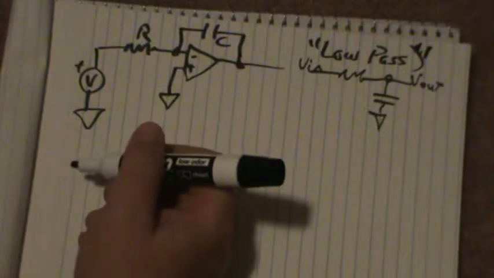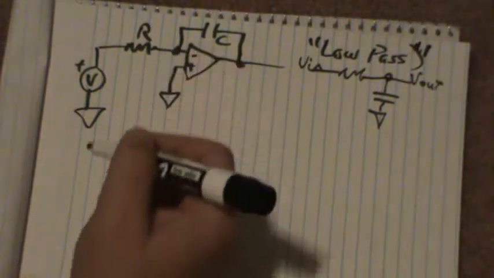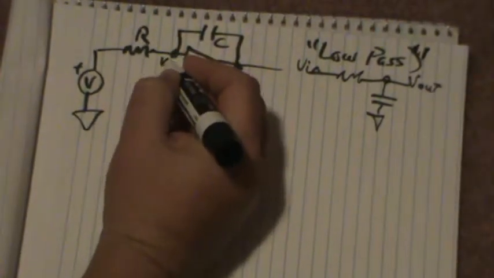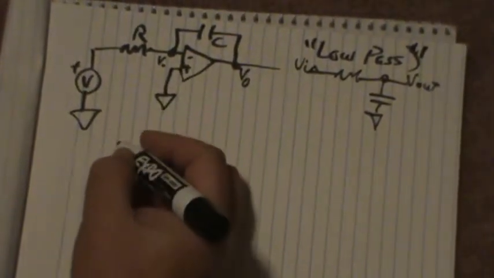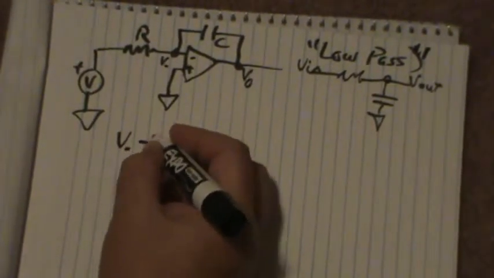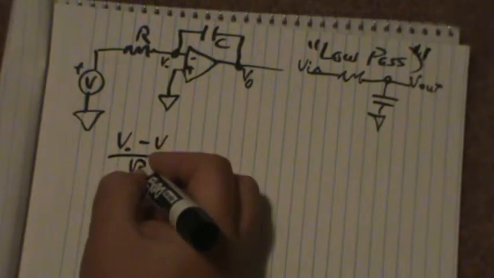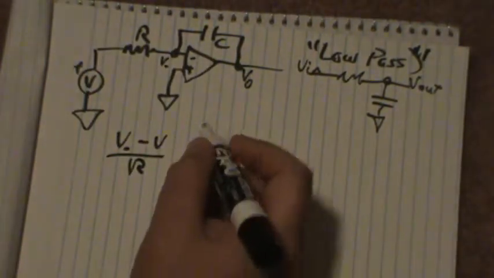Okay. So we want to analyze this and figure out that this is an integrator. When we take a look at our node law, again, this is V minus, this is our V out. The node law tells me this time we go here, we get V minus, the V over R. That's the current flow here.